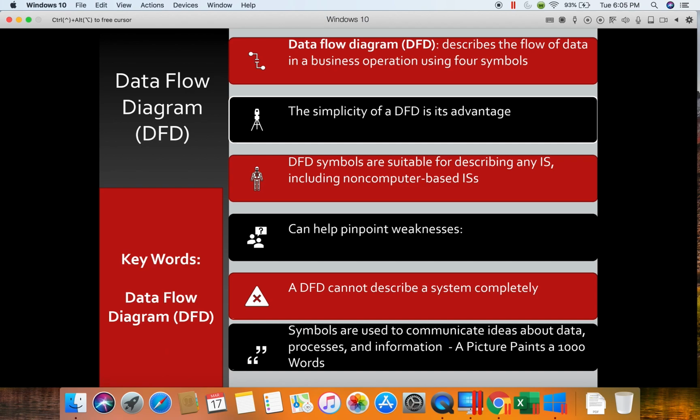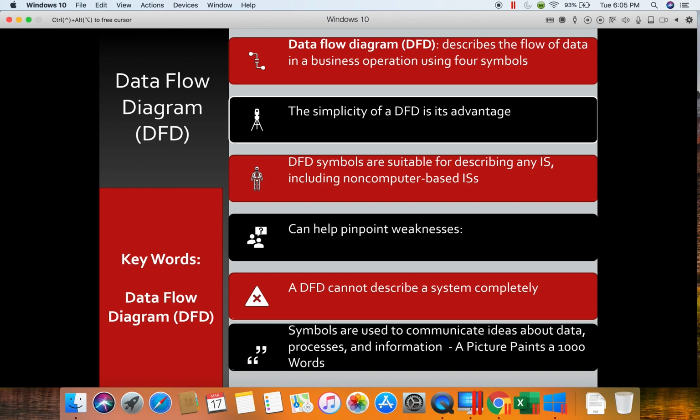So we have data flow diagrams that we can use to help us draw out the flow or the movement of data in the organization. A carefully drawn data flow diagram can provide useful representations of the system, whether it's existing or whether we're just trying to plan for it and we're documenting what we hope it will do.